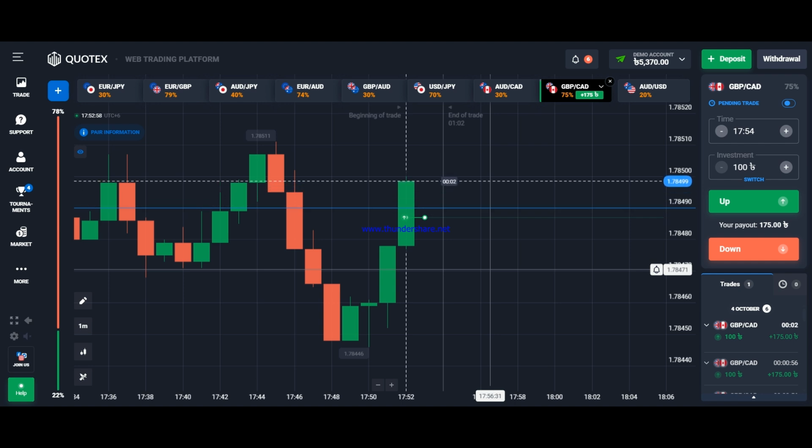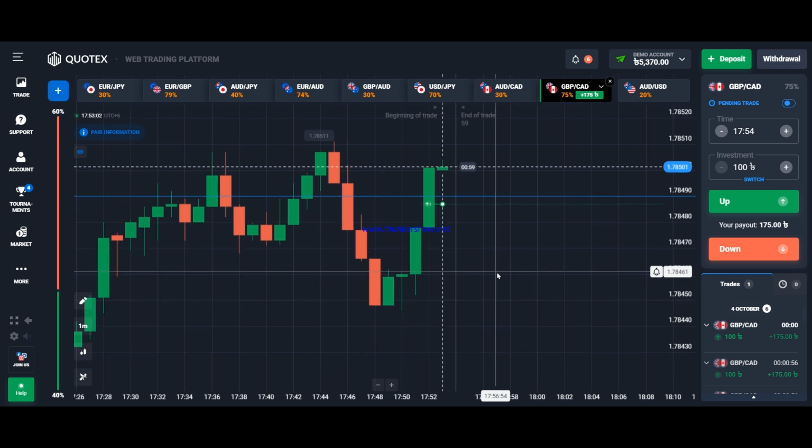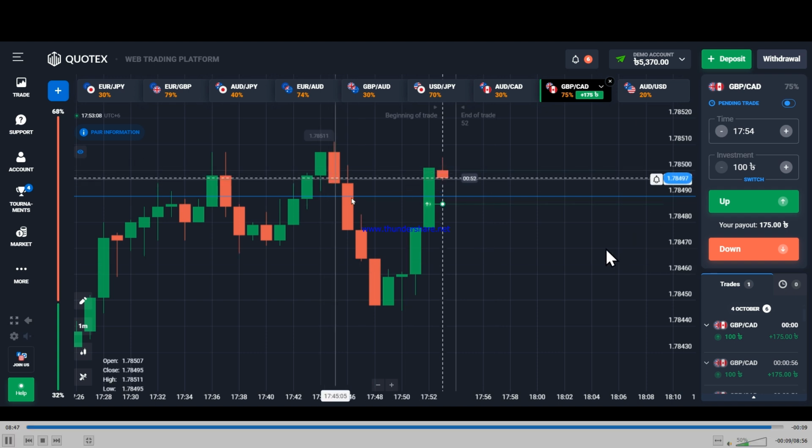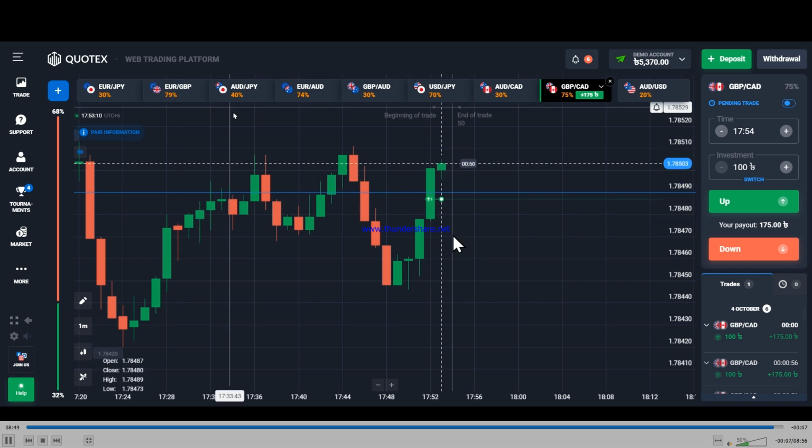And at the end it became a big green candle, and right now this candle is an unsure candle, and I ended my session with this candle. Yes, my session ended here.